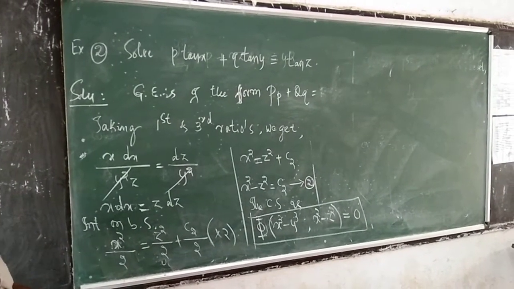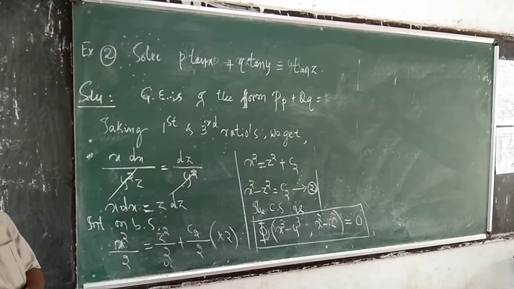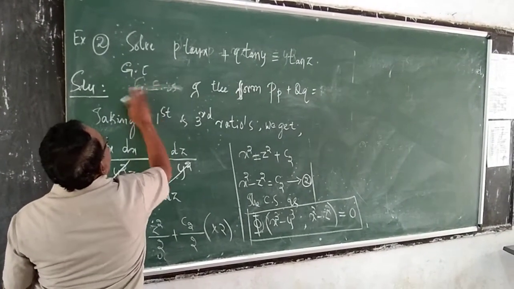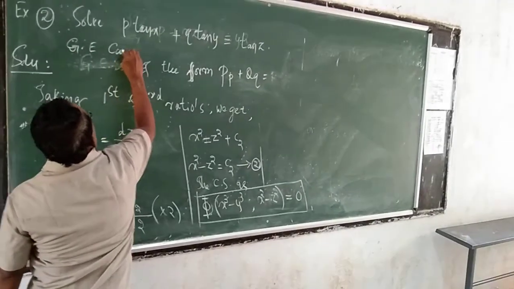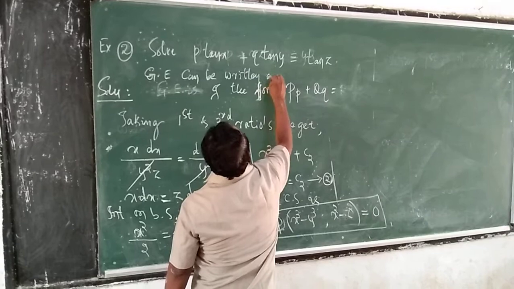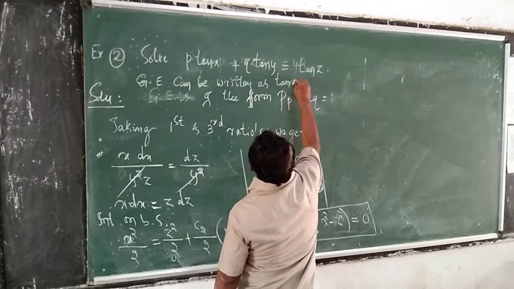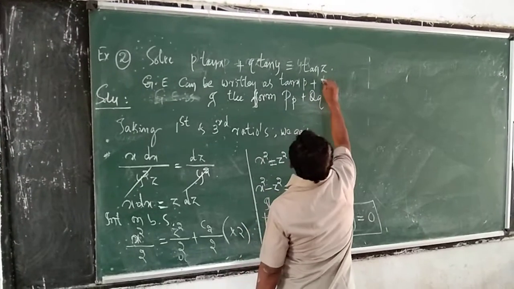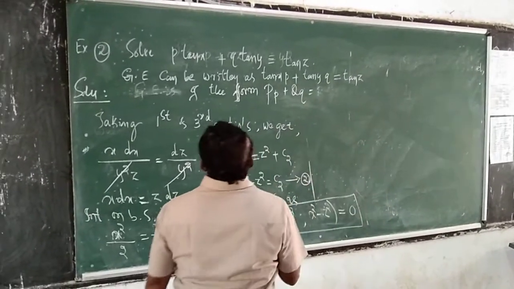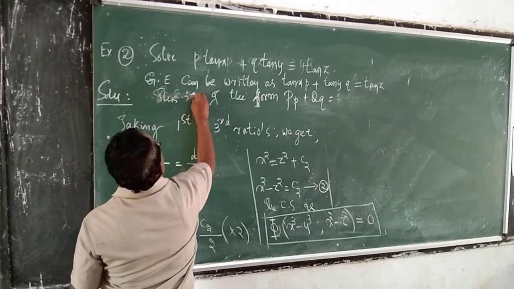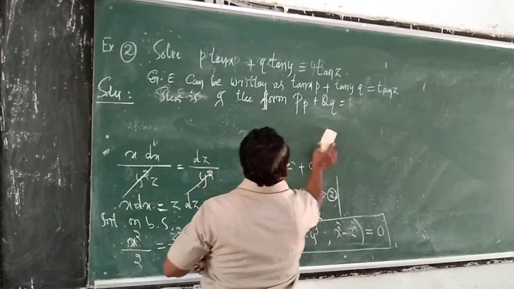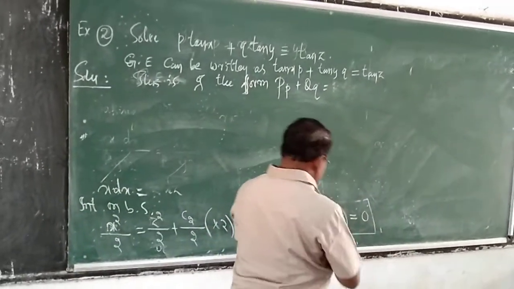See, I would like to write the equation in the form Pp plus Qq is equal to R. So, in the first step itself, the given equation can be written as tan x into p plus tan y into q is equal to tan z, and this is of the form Pp plus Qq is equal to R here.